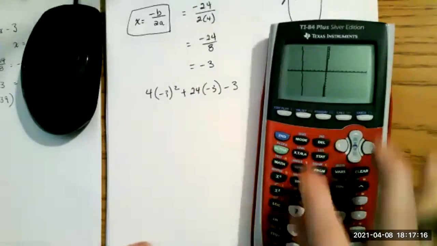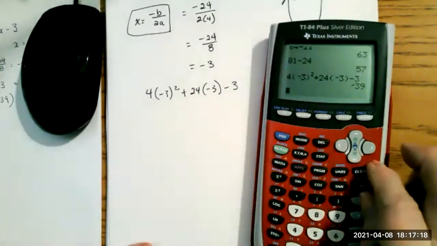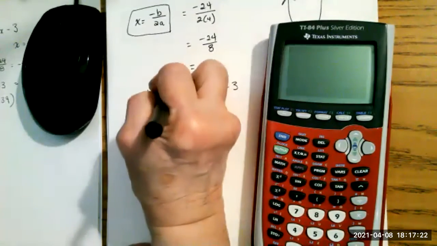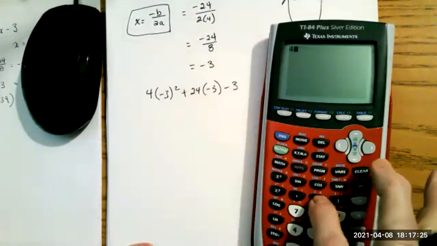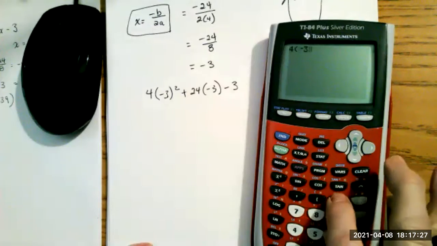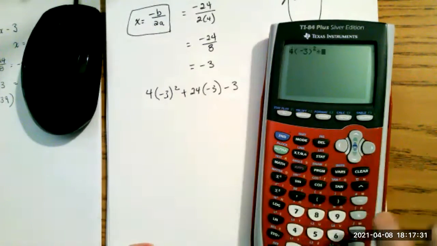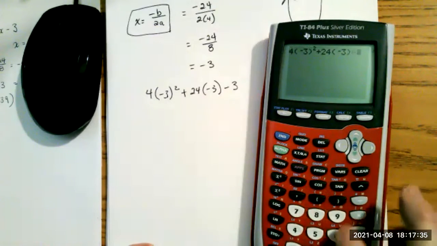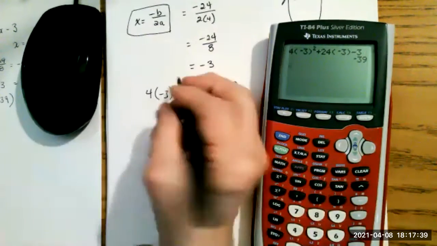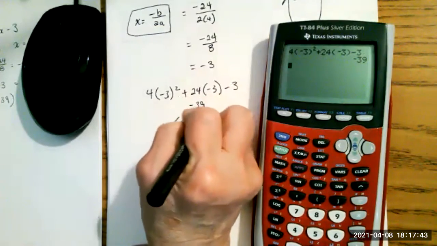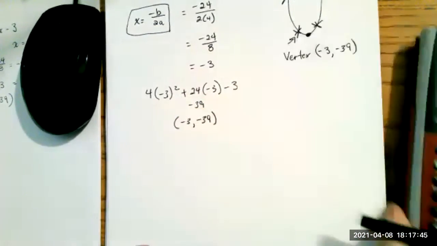I'm just going to grab my calculator and use a blank screen and put it in just like I have it here. 4 parentheses negative 3 squared plus 24 parentheses negative 3 minus 3 and hit enter, and I get my negative 39. So my vertex is negative 3, negative 39.